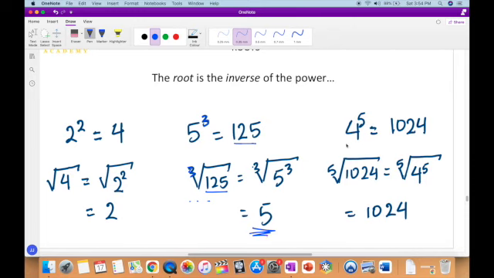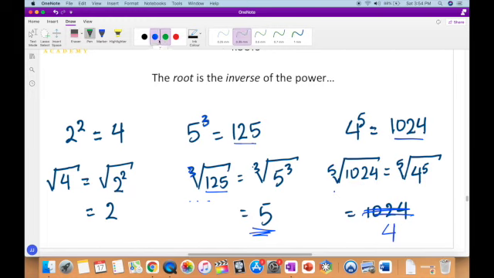Right? Or 4 to the 5th power is 1024. But I can have the 5th root of 1024, which asks the question, what number that if I multiply it by itself 5 times will give me 1024? Oh, the answer here should be 4. So little mistake there. I'll probably have to fix that in the Google Classroom, but the answer there is 4, right?